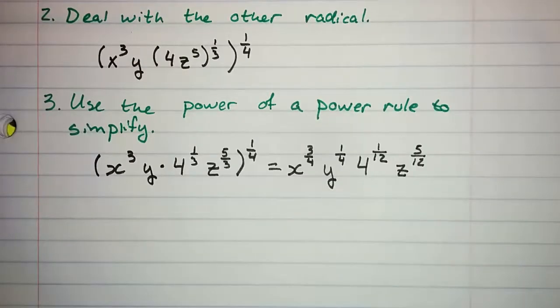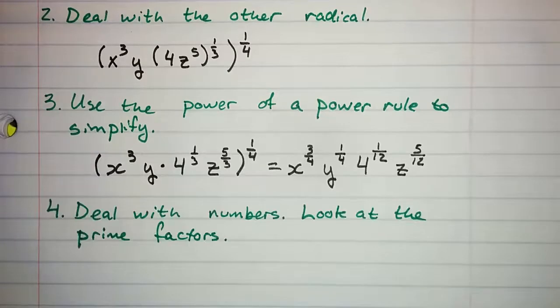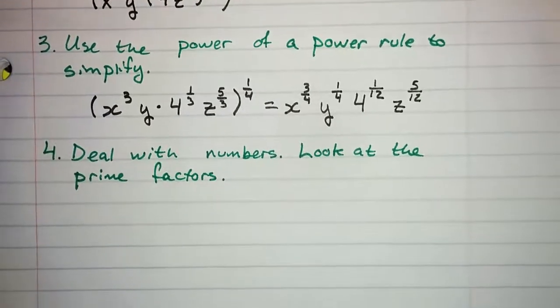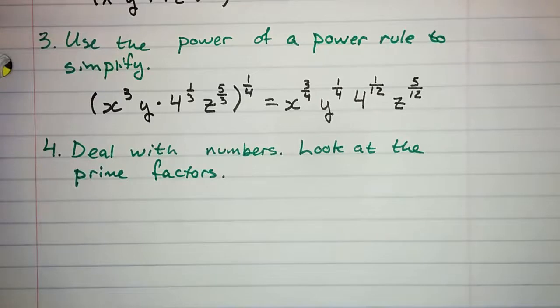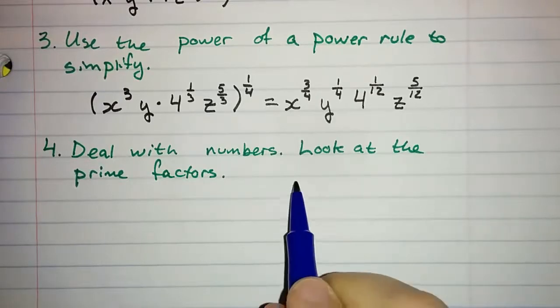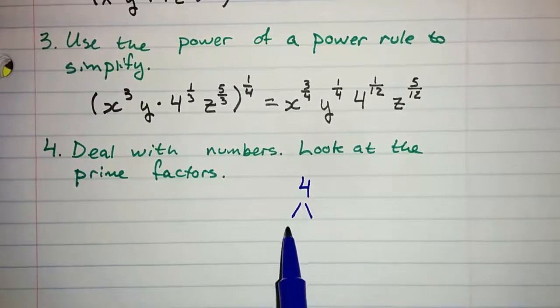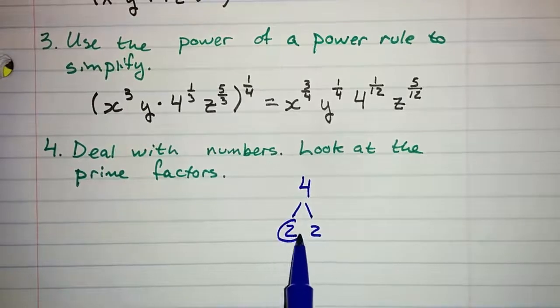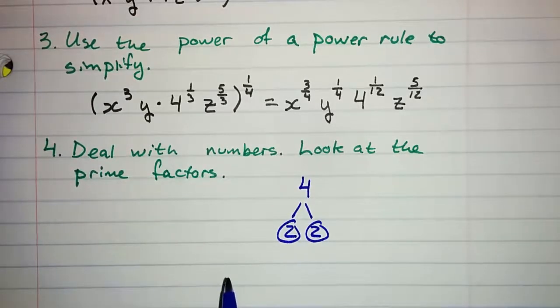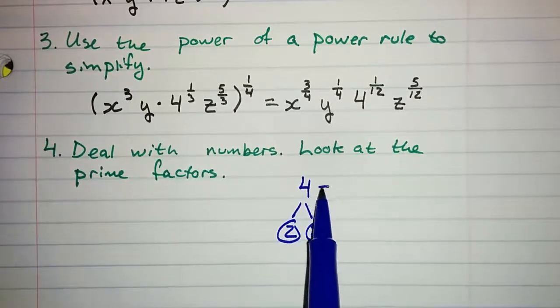And now I have a 4 here. I like to wait until I get to this point until I deal with numbers. If you prefer to deal with them at an earlier stage, that's fine. You can deal with them whenever you feel like it. 4 is 2 times 2. So 4 is a power of something.